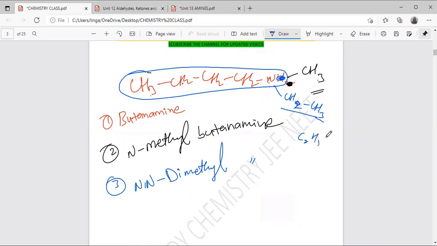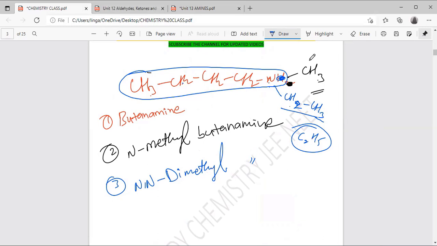Instead of writing CH2, CH3, they have written C2H5: 2 carbons, 5 hydrogens. So it will be N-ethyl. If 2 ethyls are there, same name, N,N-diethyl butanamine.